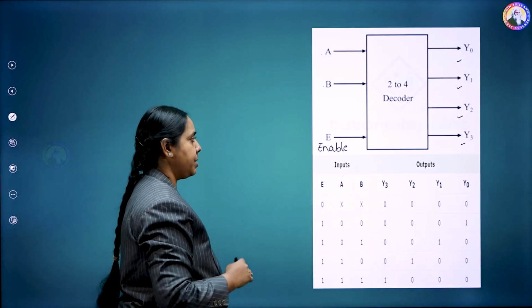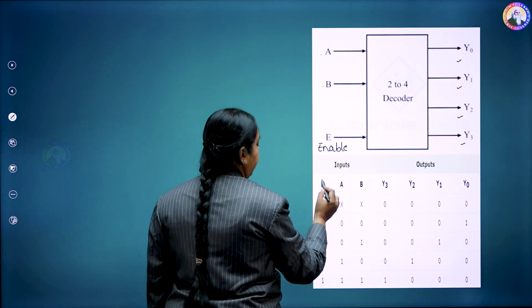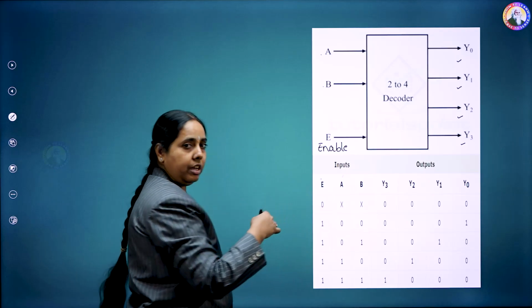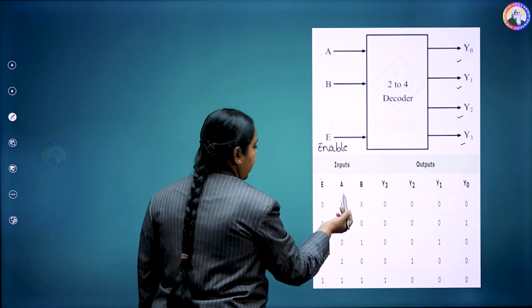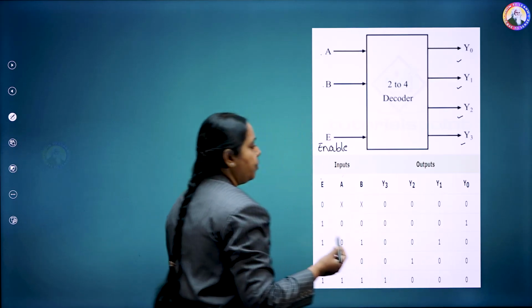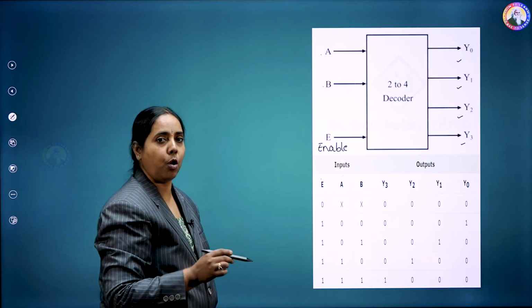The truth table representation of the 2 to 4 decoder is this one. E represents the enable, and A and B are the inputs. So along with the enable pin, we have 3 inputs: the enable bit, the A input bit and another input bit, and here are the outputs. What is the function of a decoder? It will identify and perform the operation.